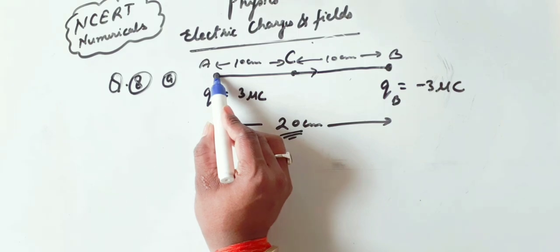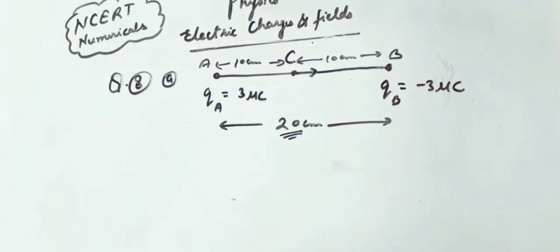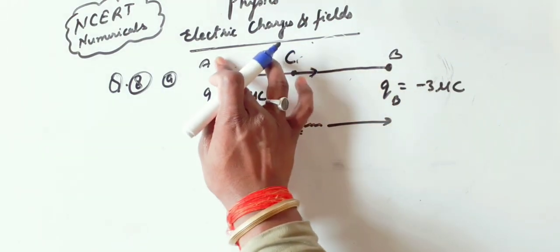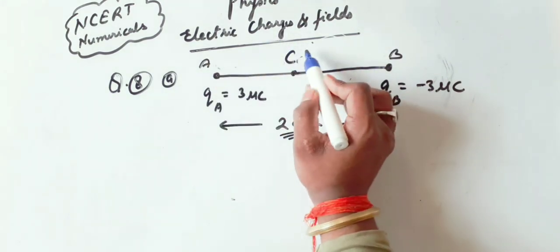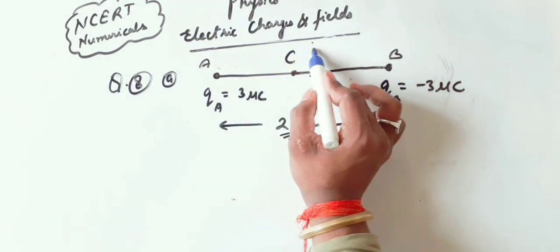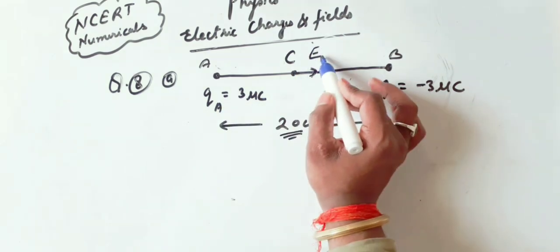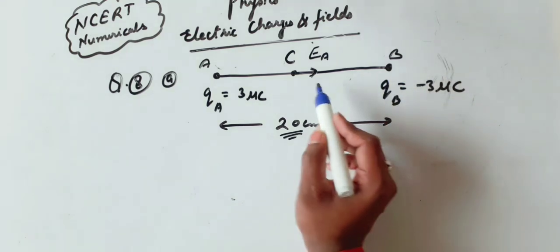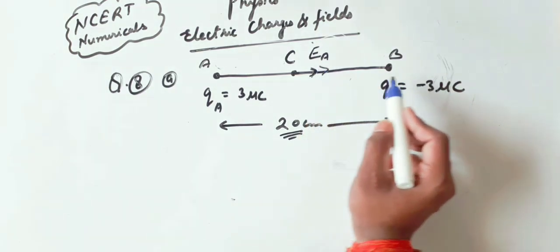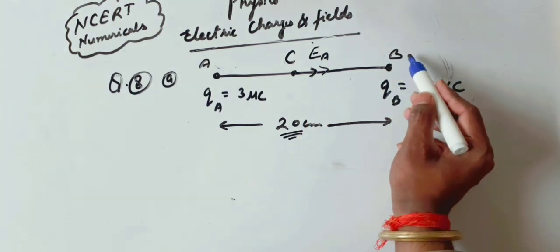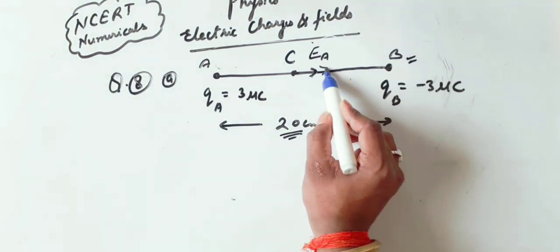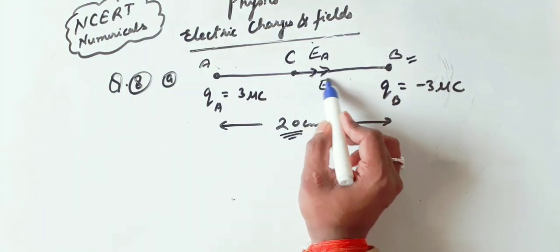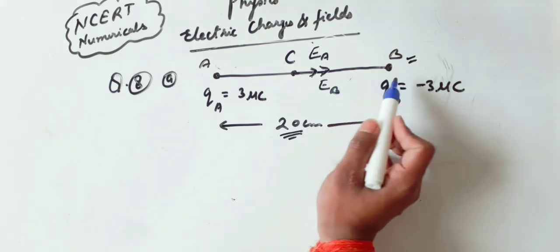So the direction of EA, the electric field due to the first charge placed at A, will be here, and the electric field direction due to the charge placed at B will be inward. So the direction of both electric fields is along the same direction.